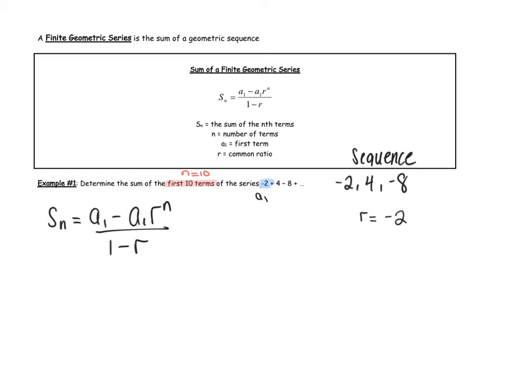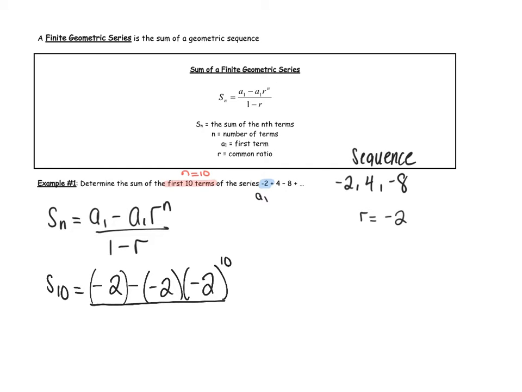So let's go ahead and plug in what we know. We know we want to find the sum of the first 10 terms, so n is 10. A sub 1 is my first term, which is -2, minus -2 again for my a sub 1. My r is also -2. My n is 10, all over 1 minus -2. Wow, that's a lot of -2's.